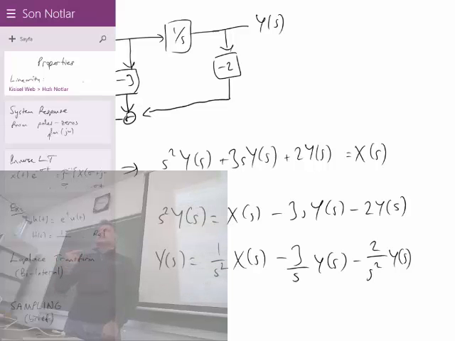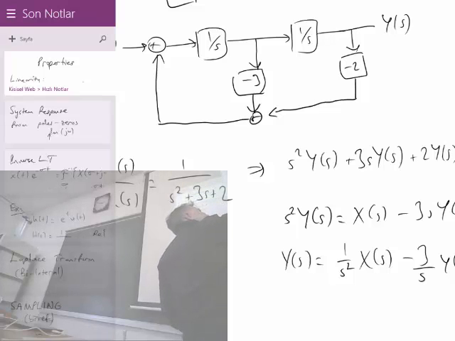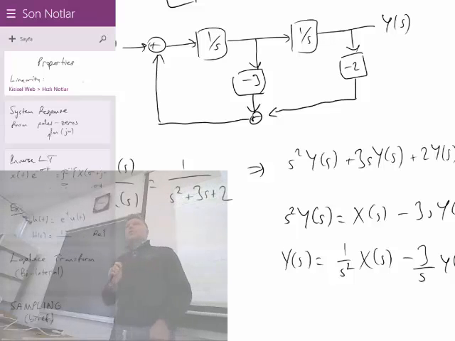That is one less integrated version. That one less integrated version comes from here, because it's coming from the previous integration. At this point, scaled by minus 3, it arrives here, and then it is integrated again. That's why we have a minus 3 times 1 over s term.